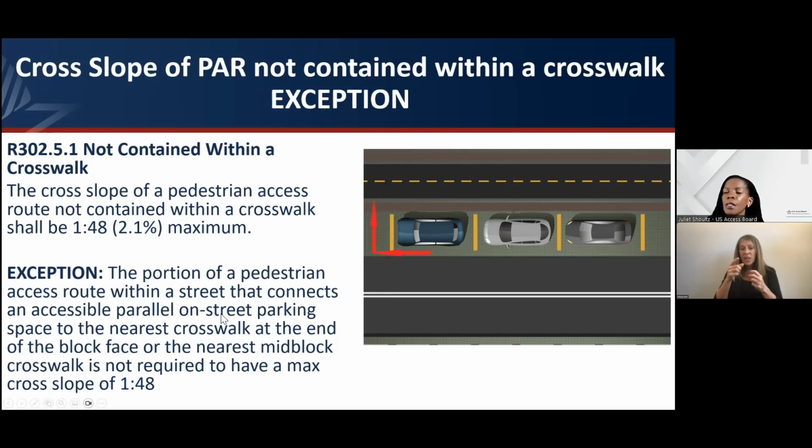And the exception says the portion of a pedestrian access route within a street that connects an accessible parallel on-street parking space to the nearest crosswalk at the end of the block face or the nearest mid-block crosswalk is not required to have a maximum cross slope of 1 in 48. So again, this exception serves to the concern of the pedestrian access route from the vehicle to the crosswalk and onto the curb ramp.